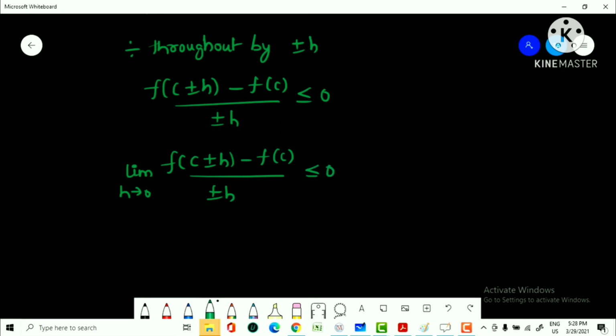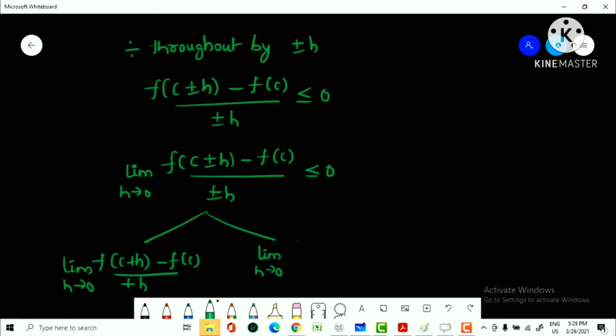Since these are plus or minus, I can split this in terms of limit h tending to 0 of f of c plus h minus f of c by plus h. Here also I can split, like limit as h tending to 0 of f of c minus h minus f of c by minus h.